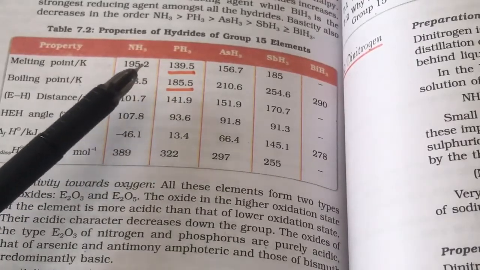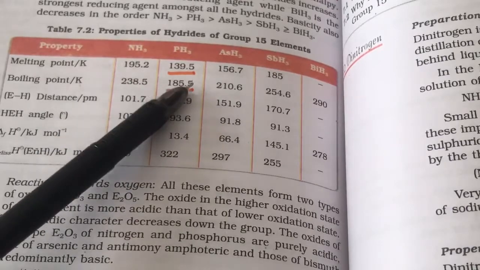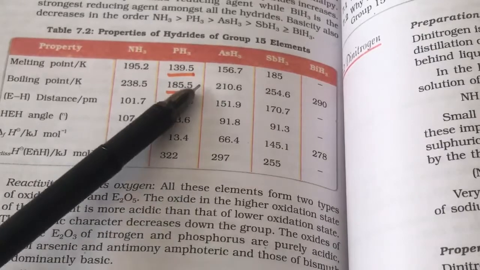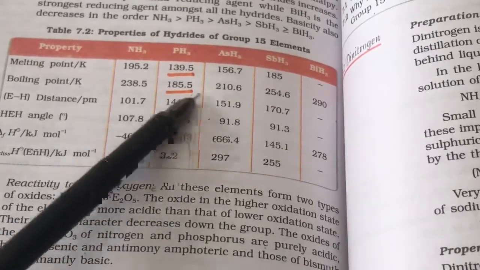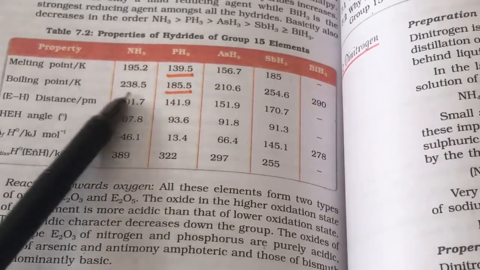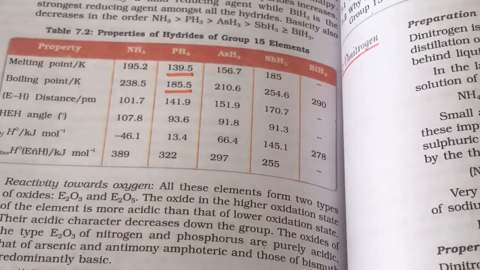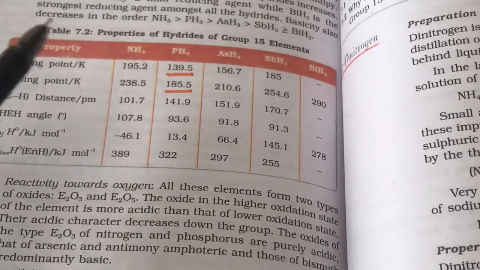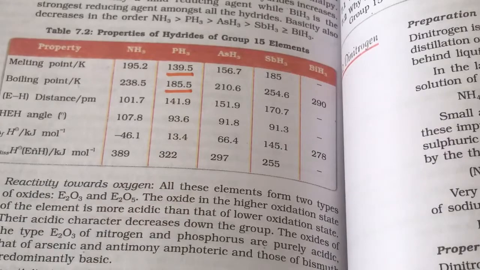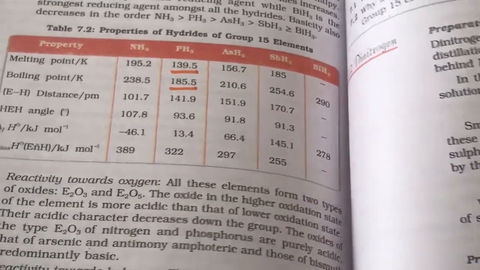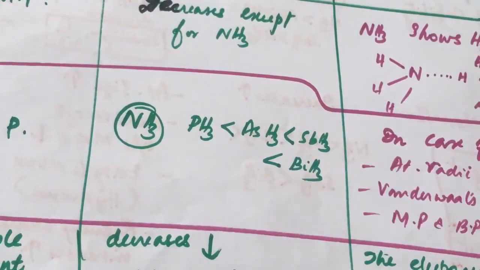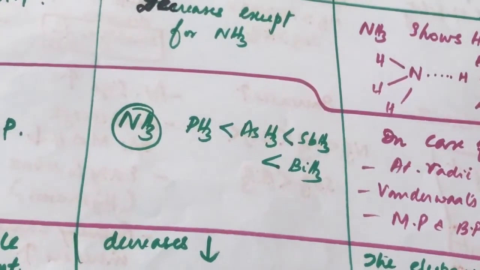Now the general trend is that from PH3 to AsH3 to SbH3, it keeps on increasing. Now why is NH3 an exception? You can see its boiling point and melting point, 238.5. Why is it so high? Now that question is there. Did you understand? Okay, let's zoom out a bit.